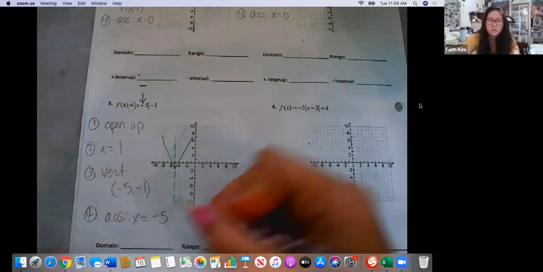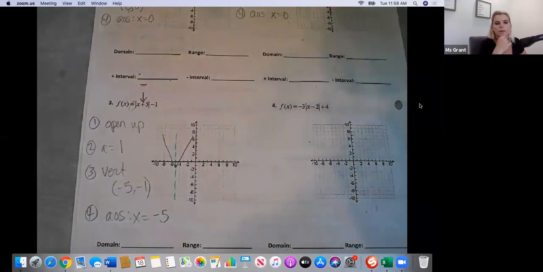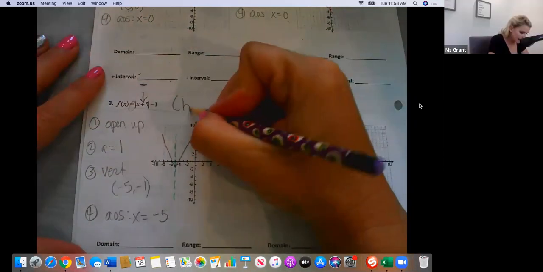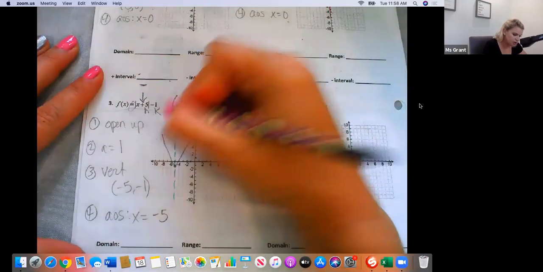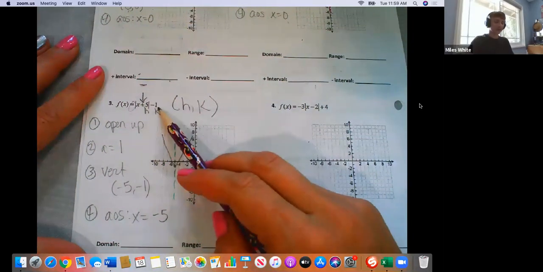Wait, Miss Grant, wouldn't -1, -5 be -1 to the right and then -5 down, not -5 to the right, -1 down? My vertex is going to be h comma k. This is my h and this is my k. So I do need to go 5 to the left first. Oh, wait, sorry, I was thinking wrong.